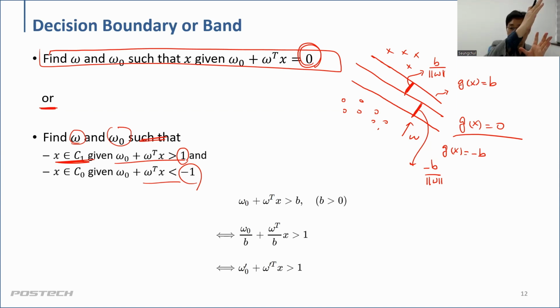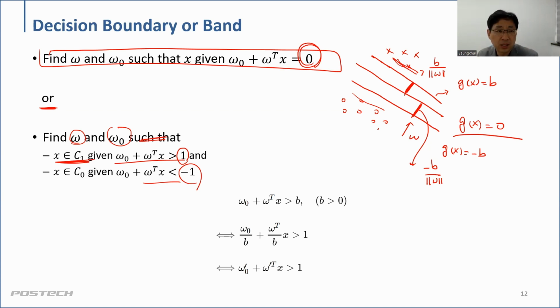And suppose we can find it, then I can, starting from that, keep increasing and decreasing it until these two lines touch data points in each group.